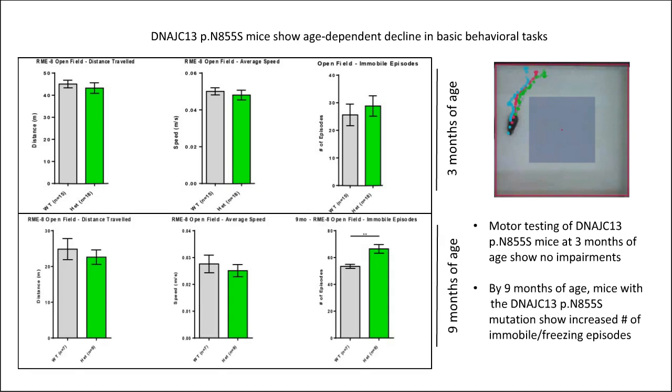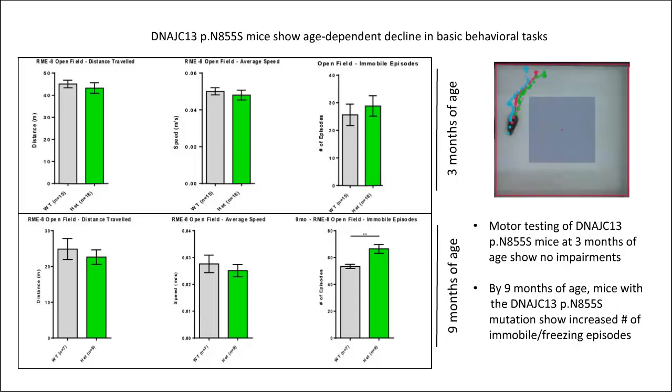However, at 9 months of age, we begin to see these quite nice differences between the healthy and mutant mice. So the distance traveled begins to become a little bit less in the mutant mice, as is the average speed that those mice roam.